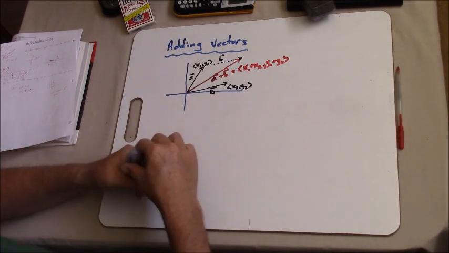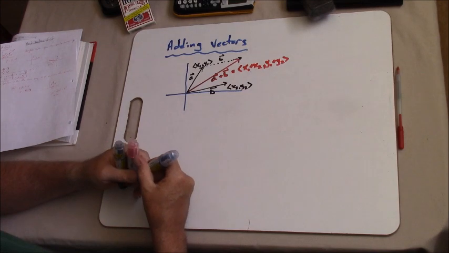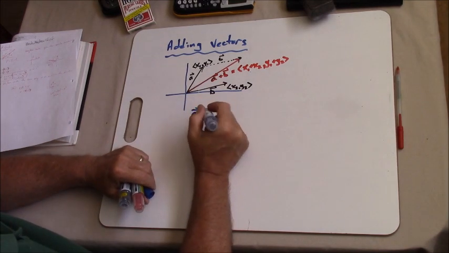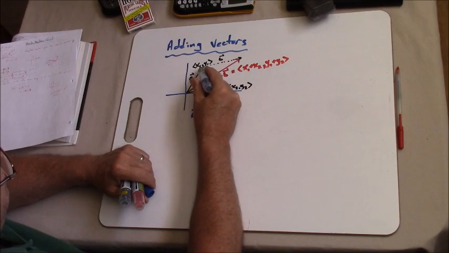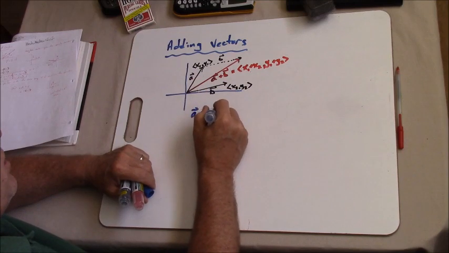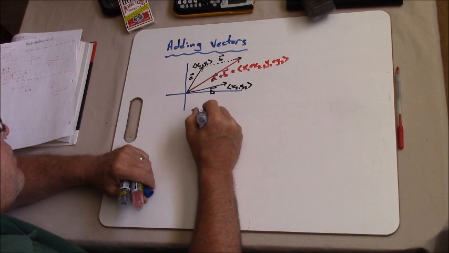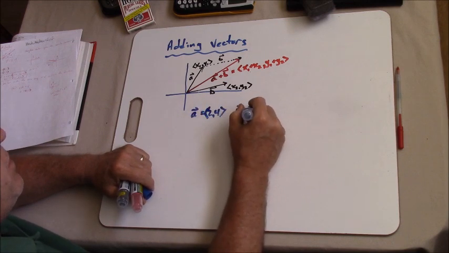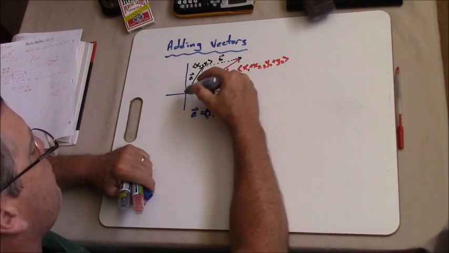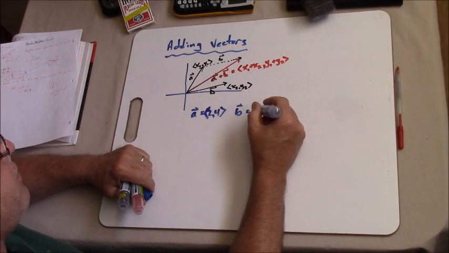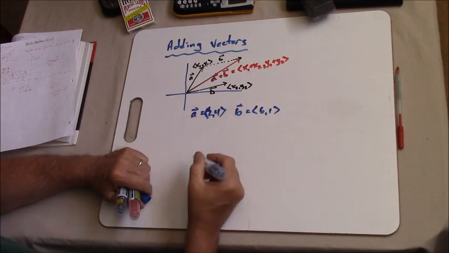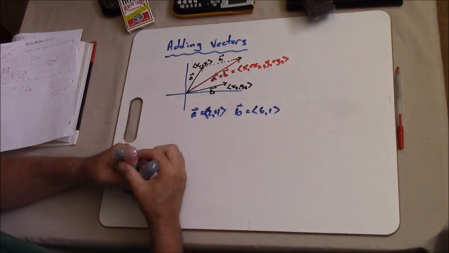All right? So let's just say that vector A is equal to, I'm just going to pick something that makes sense here, 2 comma 4, in component form. And vector B is 6 comma 1. And I want to know what A plus B is going to equal.